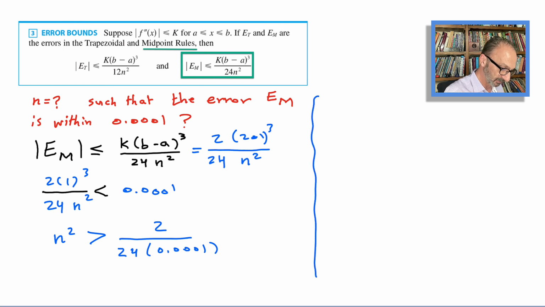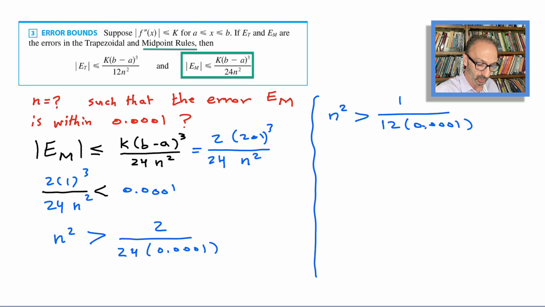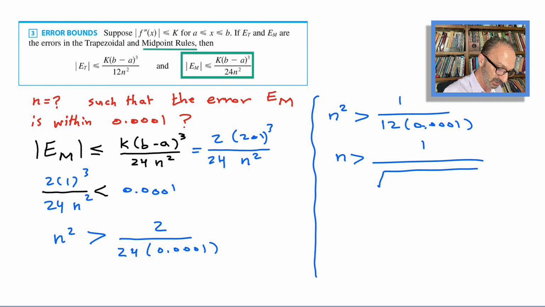Let's go to the right side and finish it. So we have n to the second is greater than 1 over 12 if you divide by 2, 0.0001. Multiplying 12 times 0.0001 and taking the square root, I have n greater than 1 over the square root of 0.0012, and that is approximately 29.